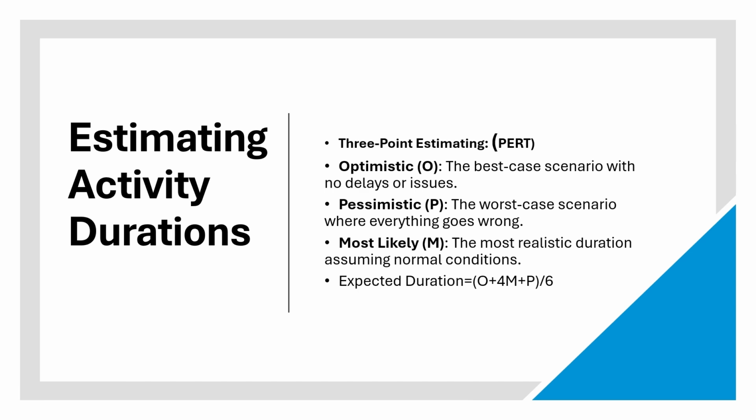Let's come to 3-point estimating. In scheduling, we have two methods, PERT and CPM. In PERT, when we estimate duration, we go through this 3-point estimating. What is 3-point estimating? We basically use probability in estimating the duration of an activity.